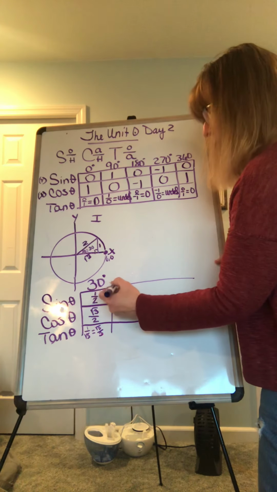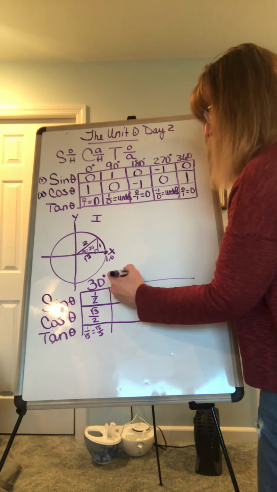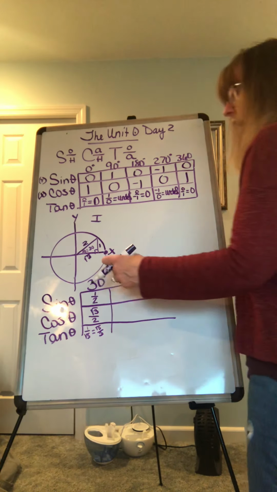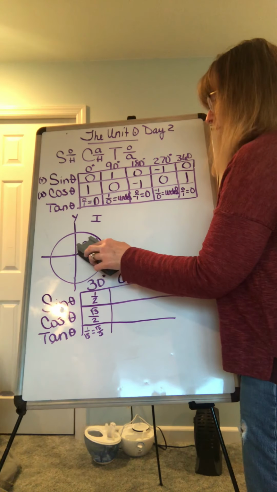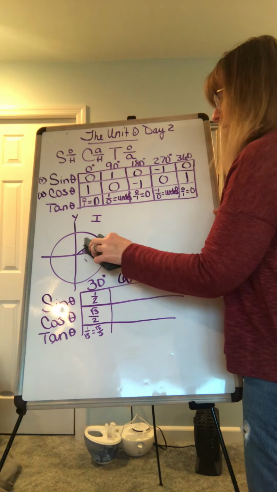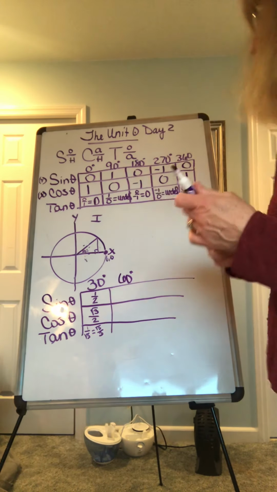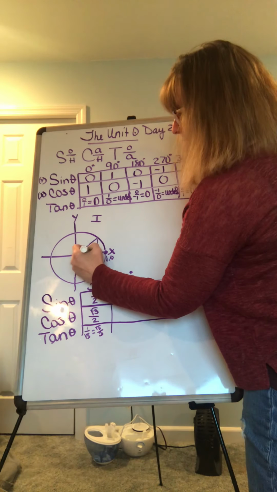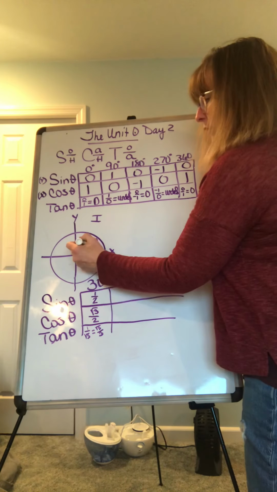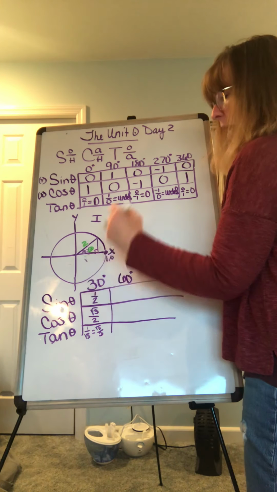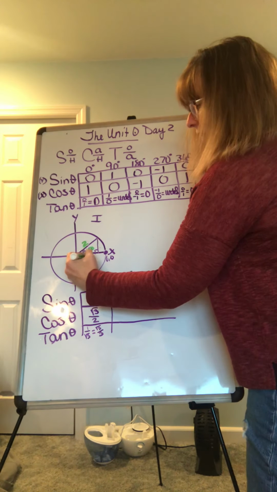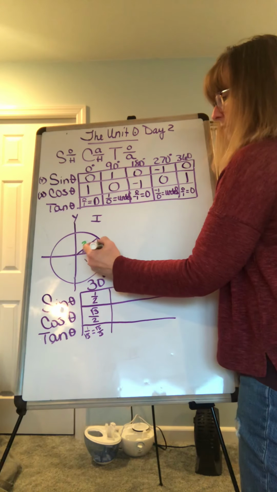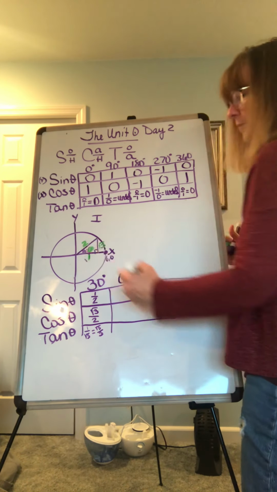Now if I were to have my 60-degree, and I now want to make this into 60 degrees, I'm just going to erase this over here. If my angle, my theta now is 60 degrees, the hypotenuse is still a 2, but when you have 60 degrees, the adjacent side is 1 and opposite would be the rad 3.